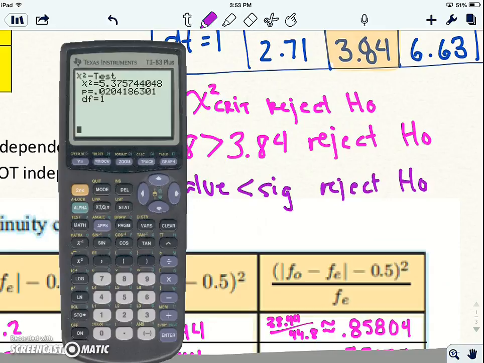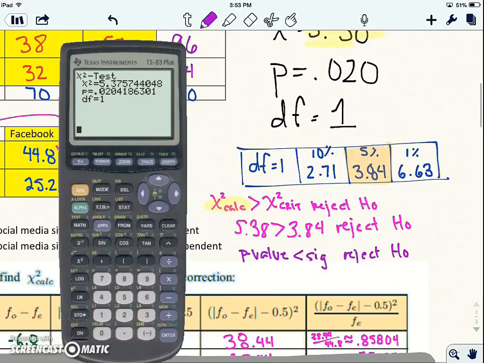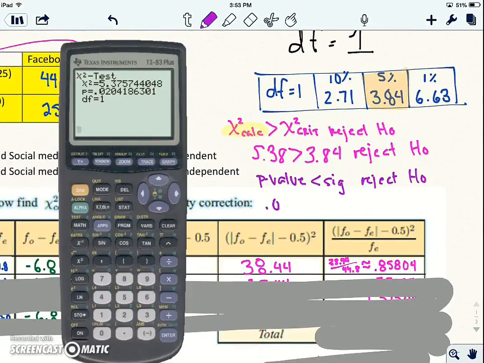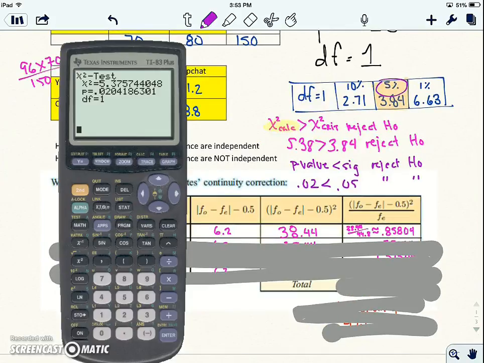And in this case, our p-value was 0.02, which happened to be less than our significance level of 5% or 0.05, so it's the same result. And it'll always be the same result. It's just that IB won't make you use the table anymore, they'll make you use the p-value. Okay, but if you were using Yates, you would have to use a table because you don't know how to find the p-value given the chi-squared.